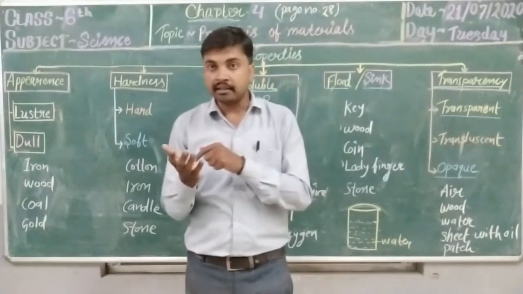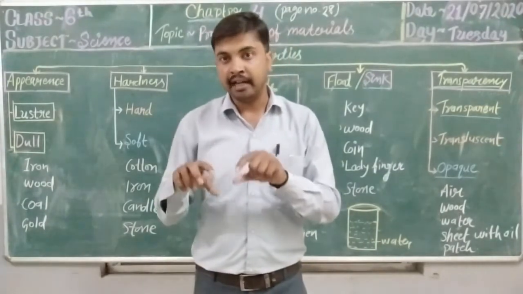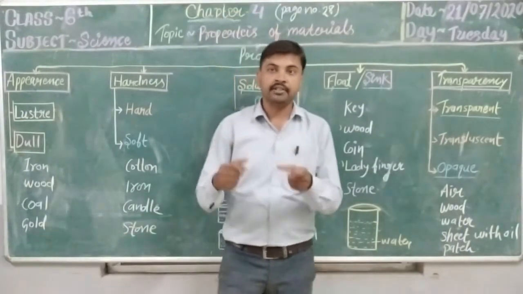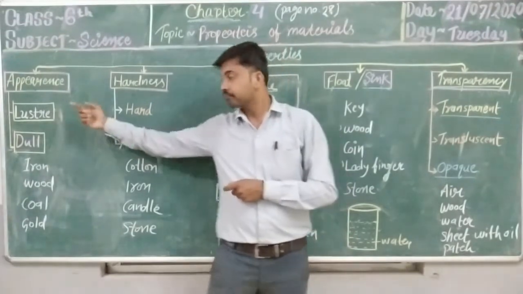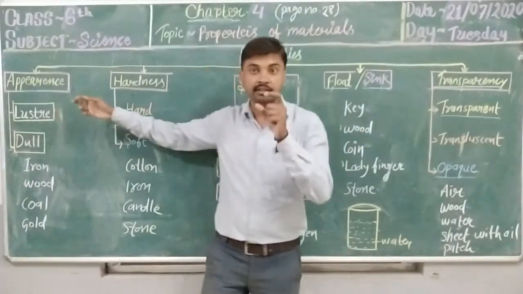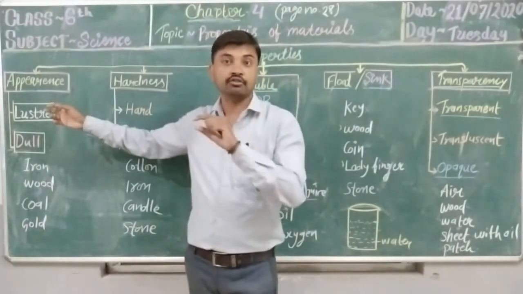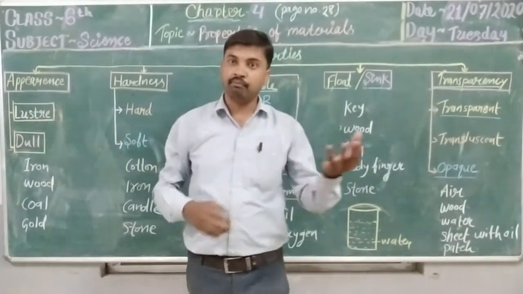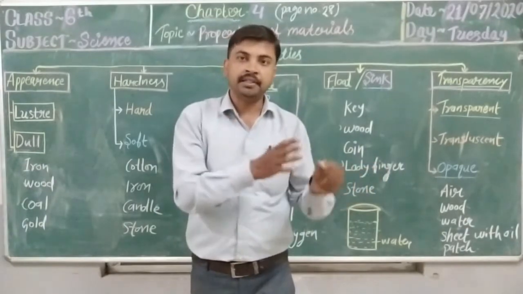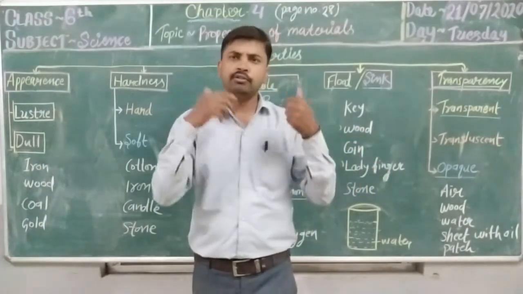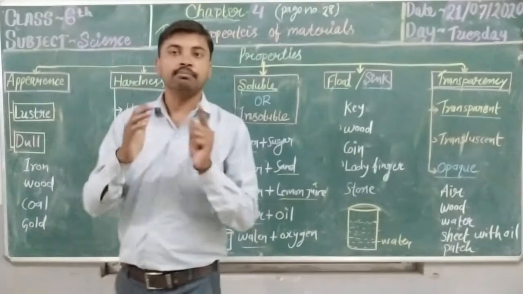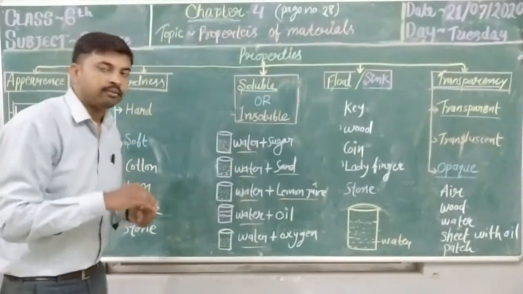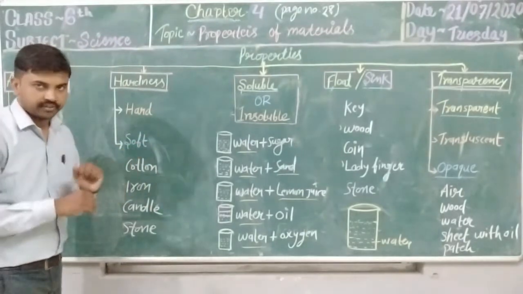But if we cut the iron piece, the fresh cut surface shows luster. It means metals do not lose their basic properties. If we cut a piece of wood, the fresh cut surface still does not shine. It shows the dull property.